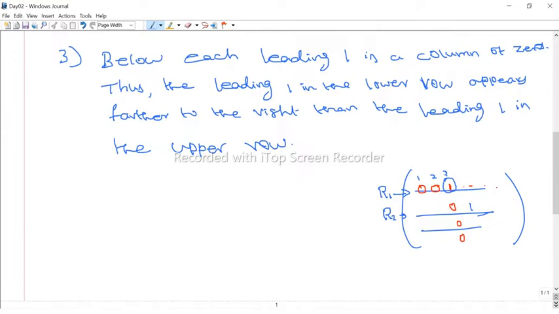If R2 has a non-zero entry in the first position, that is not echelon form. You have to compare with the previous row, and below the leading entry should be 0.